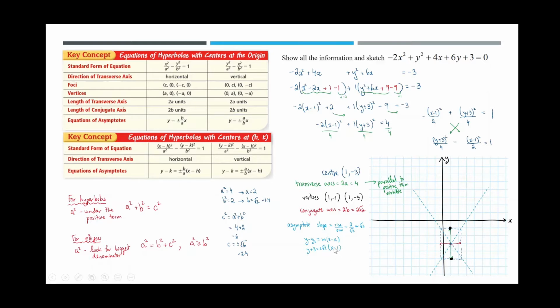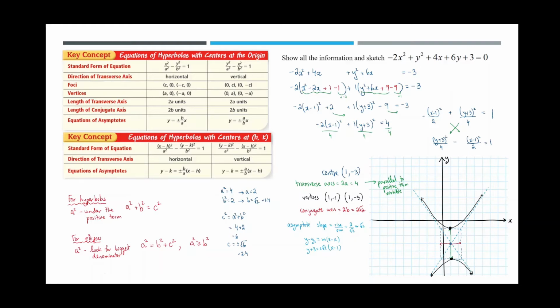That's why it's x minus 1, because the center is 1 over here. And then y plus 3 because you're subtracting a negative 3. And then you just place your slope value as plus or minus root 2. By the way, if you're not sure why 2 divided by root 2 is root 2, just think about this: 2 is technically like the square root of 4, and square root of 4 divided by square root of 2 would be square root of 2.